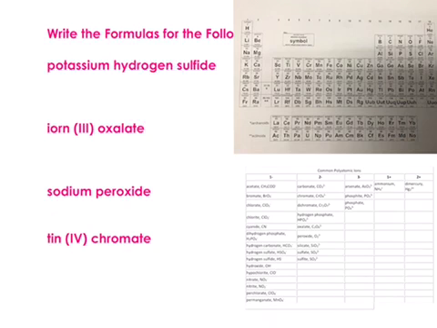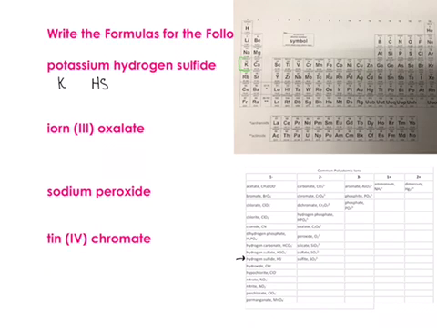Now, if we go the opposite direction, we're given the names, but we have to write it in the symbols. We use the system that I gave you on the earlier slides, where you start with writing the symbols, potassium, and then you look up hydrogen sulfide. Here is HS. Then we deal with the charges.